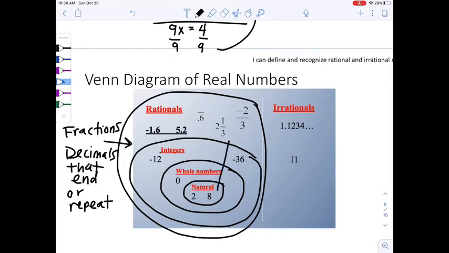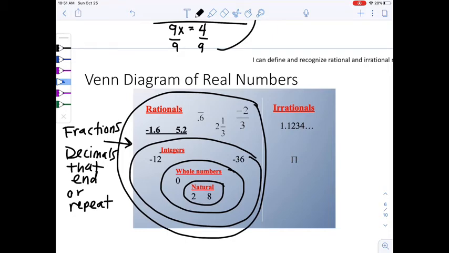So if you have a natural number starting at that very center, it's also going to be all of these. A natural number is a whole number, an integer, and a rational. You can't do that the opposite way. A rational is only rational if it has a decimal or a fraction that ends or repeats. You can't go the opposite.